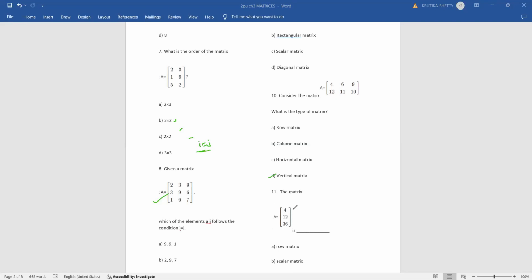Next, 11th question. The matrix A equal to 4, 12, 36. You can see only one column is present, and three rows are present. So one column and three rows.